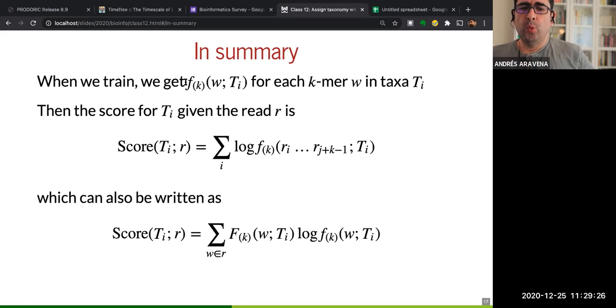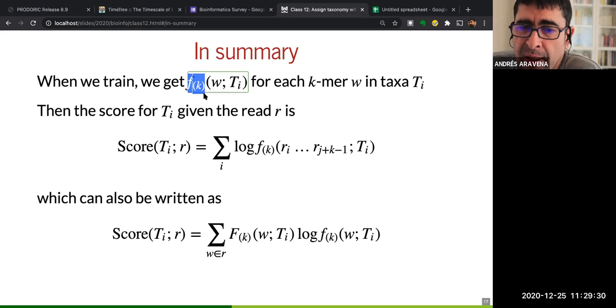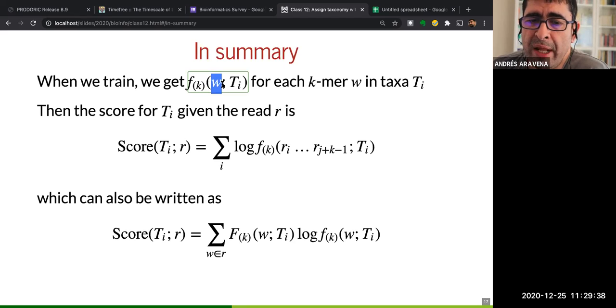So when we train, here you notice that I put a k in parentheses to represent that you have different frequencies depending on the k-mer size. So you count how many times you see the k-mer W in a given taxonomy. That is easy to do. You take the genome and you count, like the picture that I showed you before. Okay?